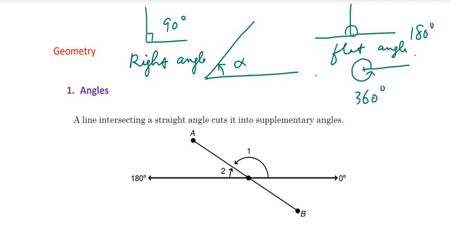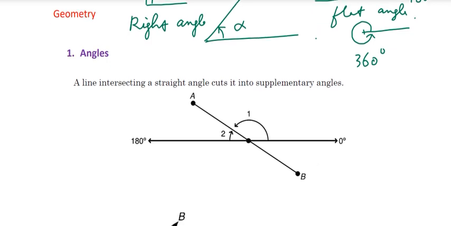Angle 1 plus angle 2 is 180 degrees. So we also call angle 2 a supplementary angle of angle 1. Angle 2 and angle 1 make a flat angle.